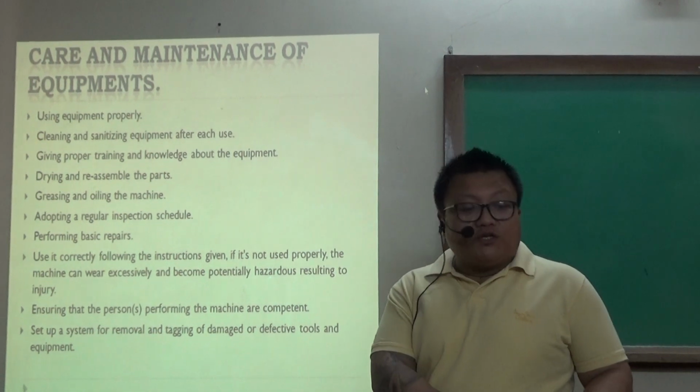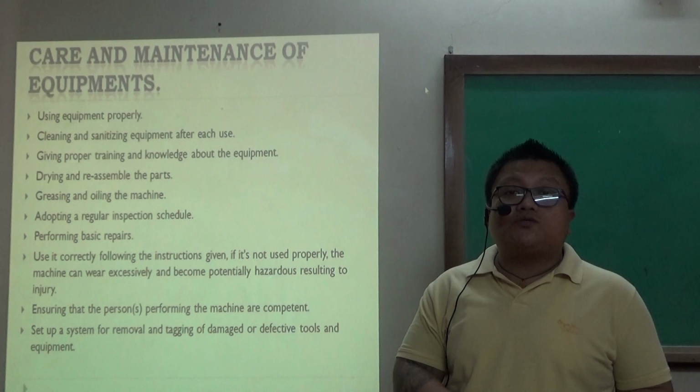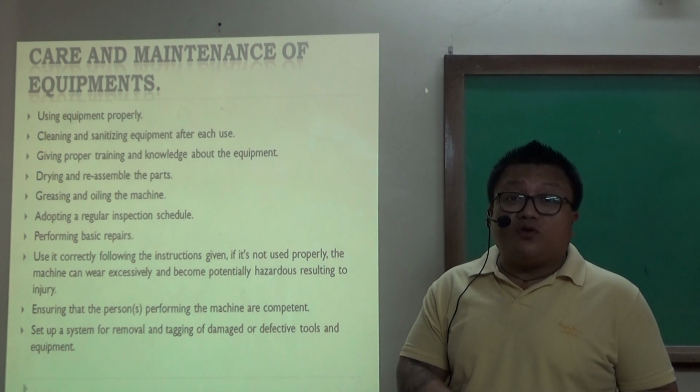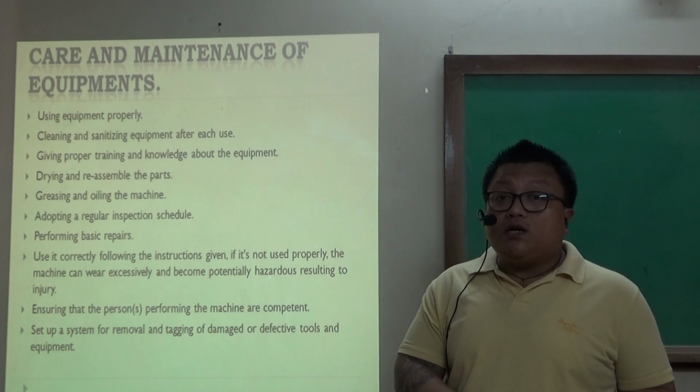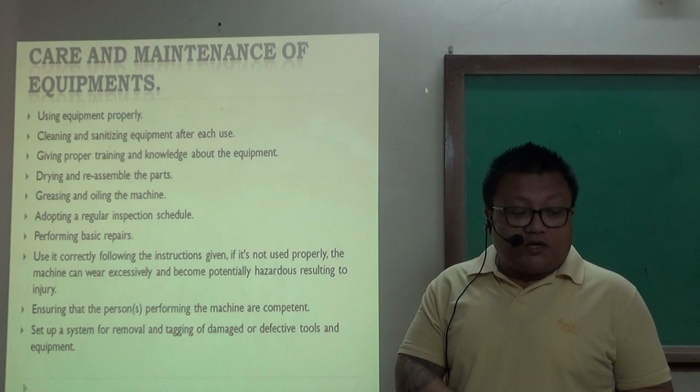Giving proper training and knowledge about the equipments to fellow workers who don't know, who are very new to the industry or to the equipments and tools, and instructing them on what has to be done and what has not to be done.